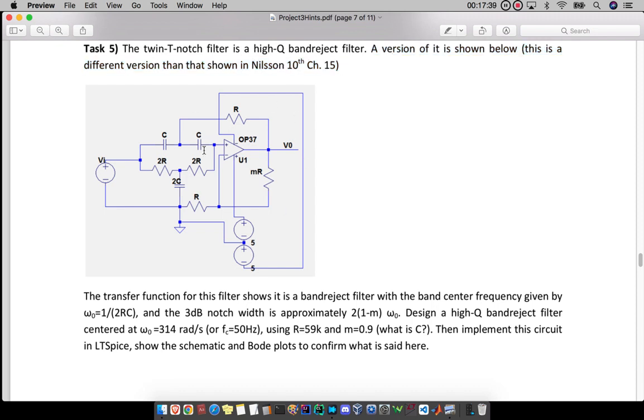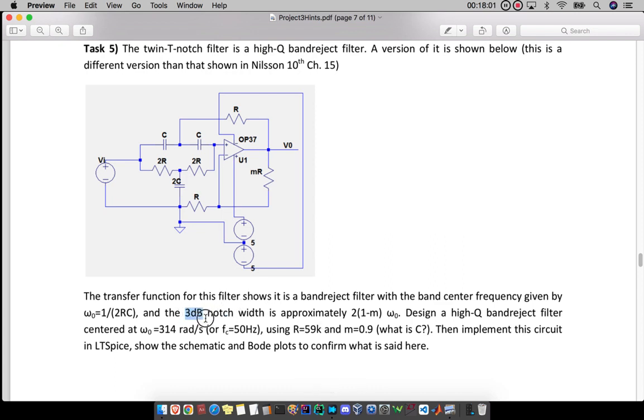But I assume almost everyone has the 11th edition for this class. So, the transfer function is a band reject filter, with band center frequency given by omega naught, 1 over 2 RC. And the 3 decibel notch, which I think is pretty straightforward to calculate.